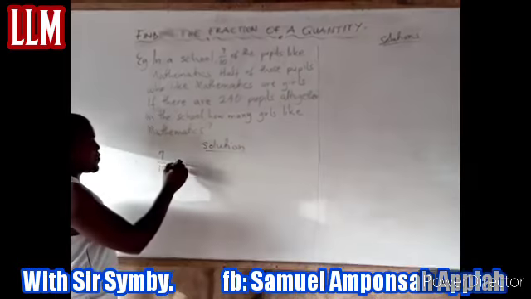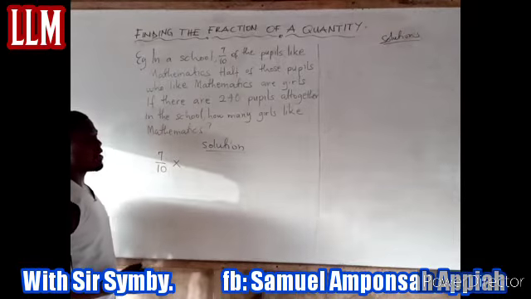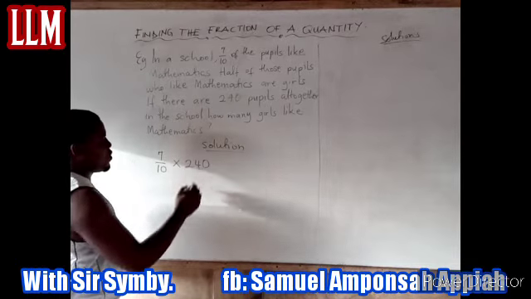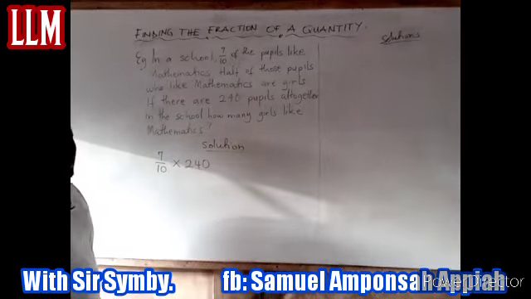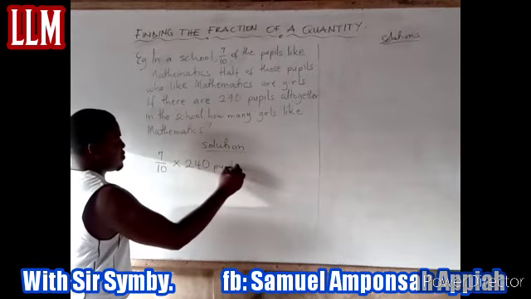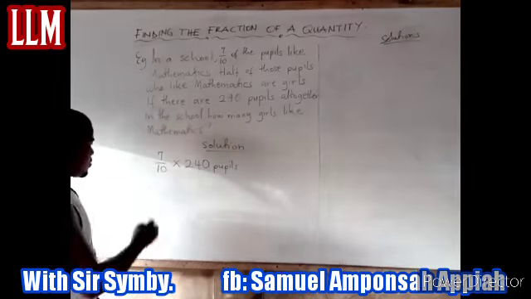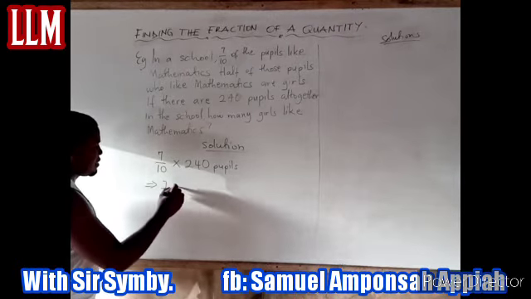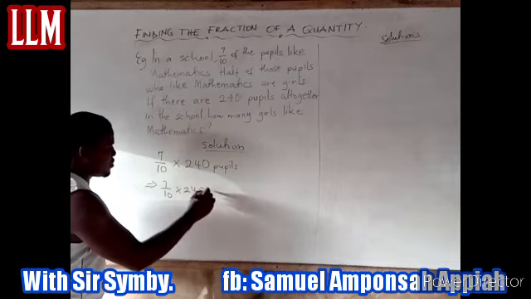The total number of people in the school becomes the quantity, which is 240 pupils. So this implies 7 on 10 times 240 pupils.